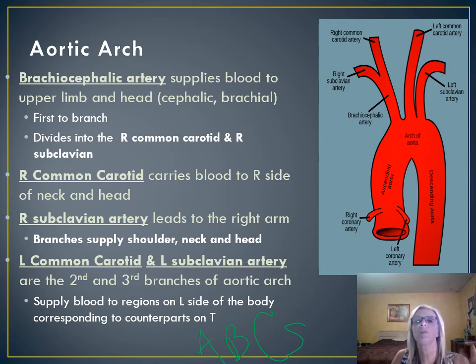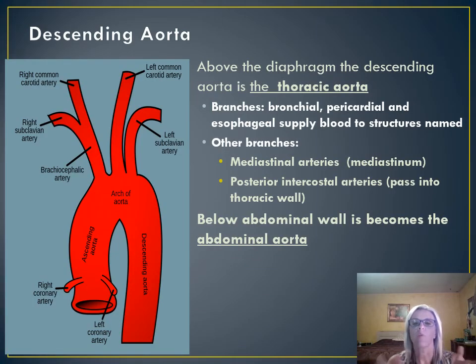So after leaving the left ventricle, blood enters the aorta, brachiocephalic trunk, left common carotid artery, and the left subclavian artery. These structures are what make the aortic arch. There are reference points that help you to know when a vessel changes from one name to another. So be sure that you learn these reference points.